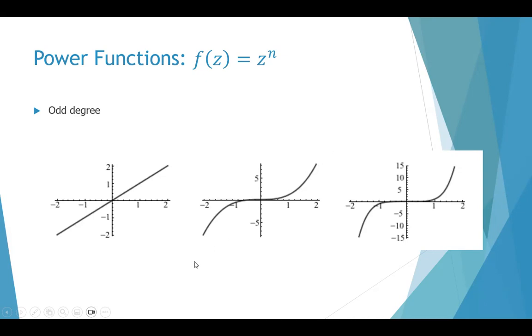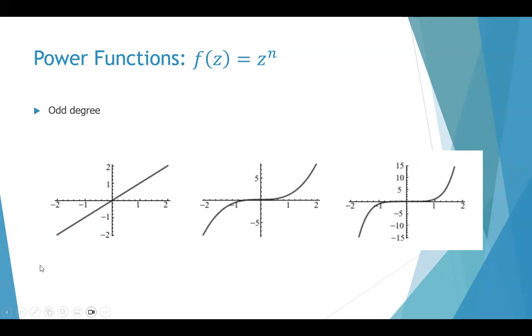End behavior is actually the same in either case. Both of these fall on the left and rise on the right. Fall on the left, rise on the right. Assuming these are positive, right? This is what's happening. Over here, this is a fifth degree, and it's doing the same thing. Albeit it's sitting there a little bit longer.